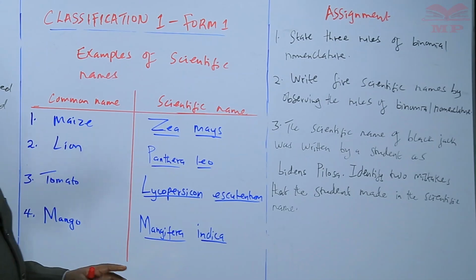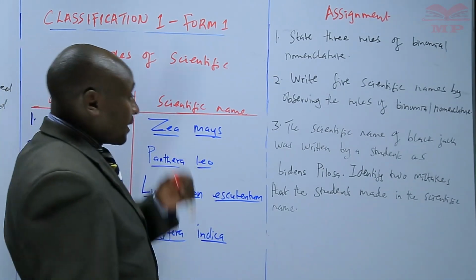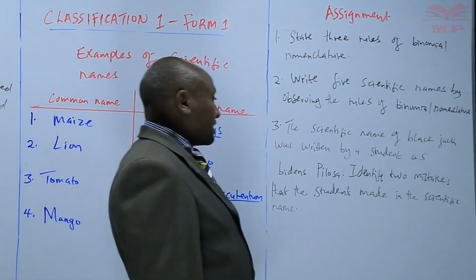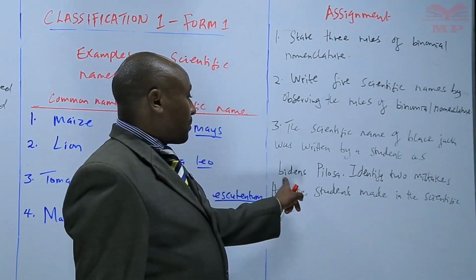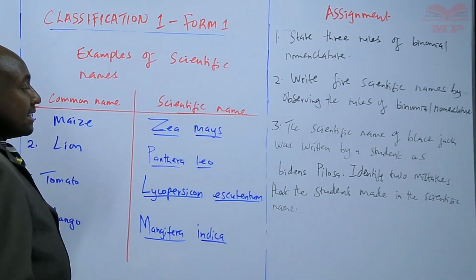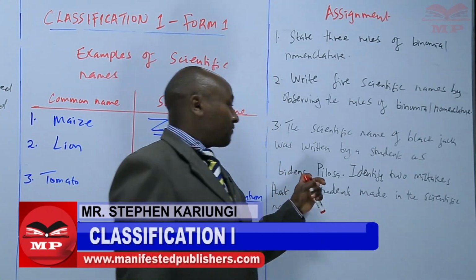And then you write them using the rules of binomial nomenclature. Number 3, the scientific name of blackjack was written by a student as Bidens pilosa, as shown there. Identify 2 mistakes that the student made in the scientific name.